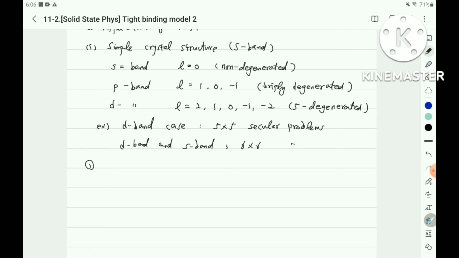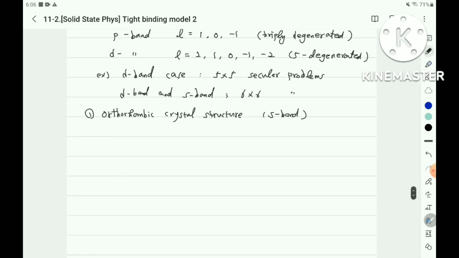In the orthorhombic crystal structure there are lattice parameters a, b, c, which are not equal to each other.